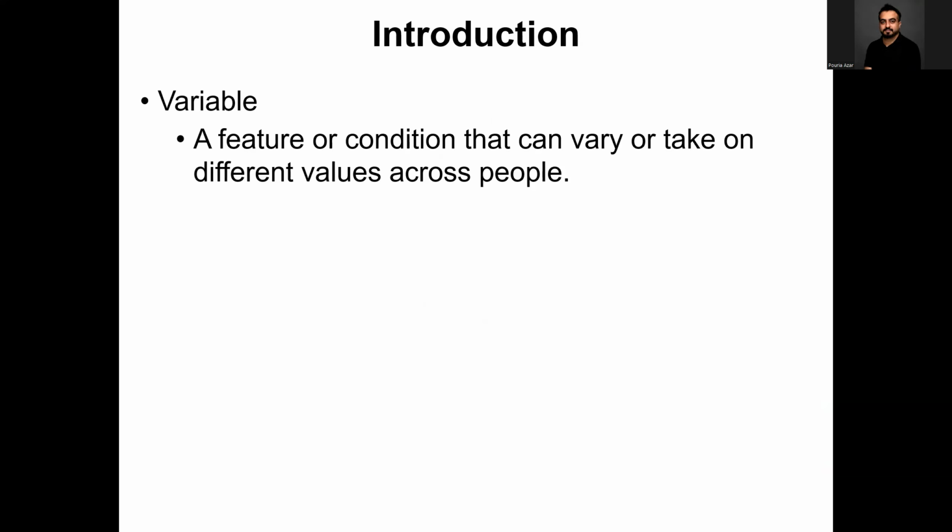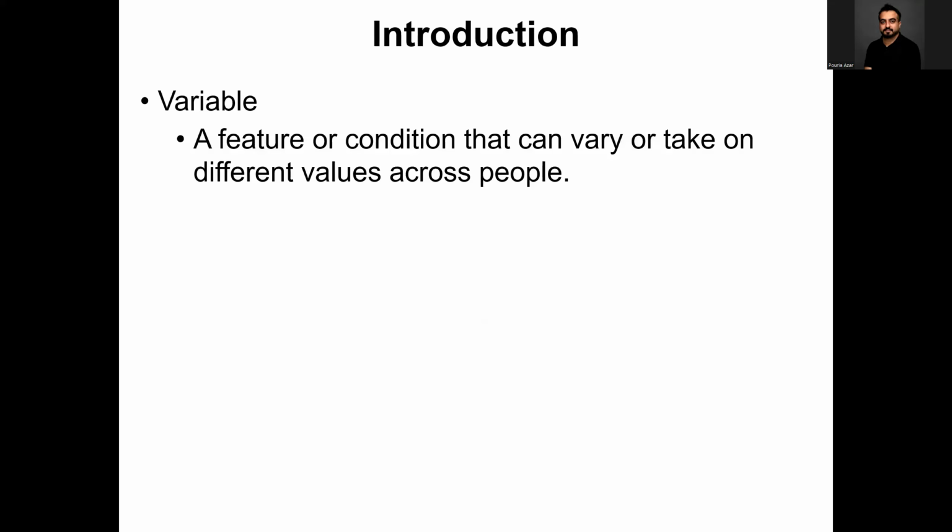As an introduction, let's define some terms. First of all, variable. When we start reading statistics, when we start reading a research article, we come across different variables. So we need to know the definitions of these terms. This is very important.